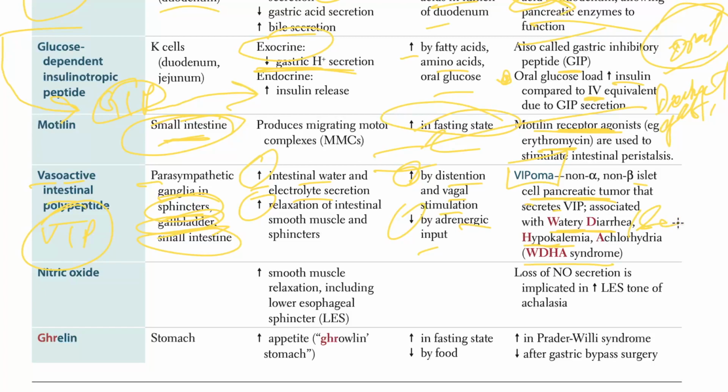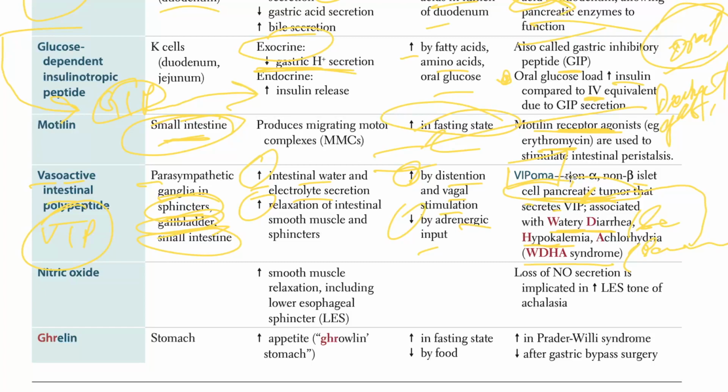Same thing like cholera. The other name for this is also pancreatic cholera. Why pancreatic? Because the pancreas is what is secreting VIP, because it's this pancreatic tumor, vipoma. Okay. What else?